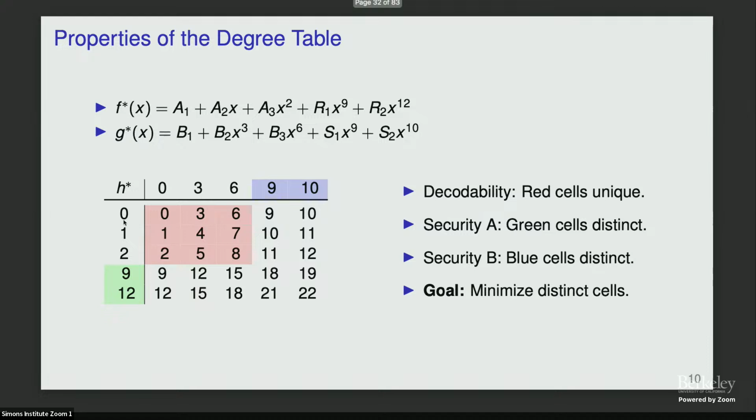So given that, the goal then is just to minimize the amount of distinct exponents, because these are going to be the exponents that appear near h.